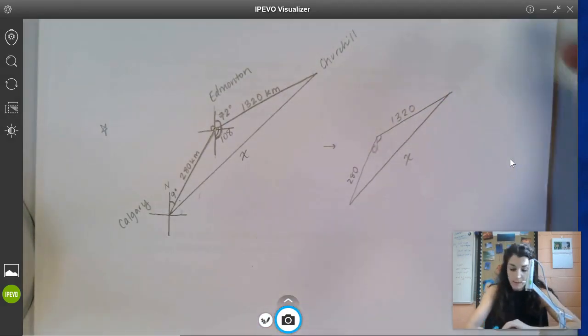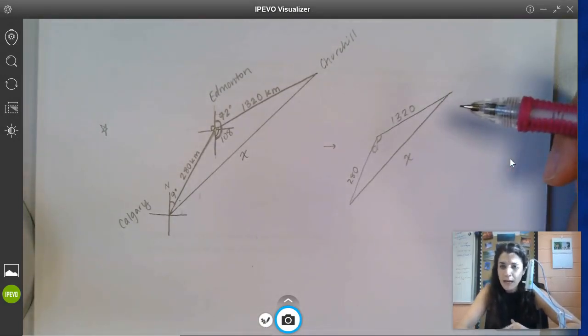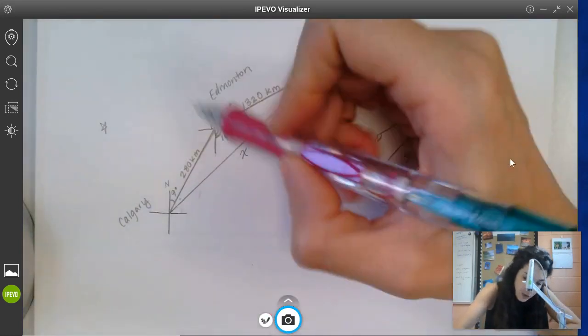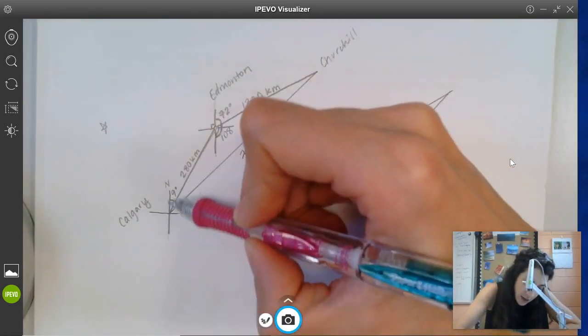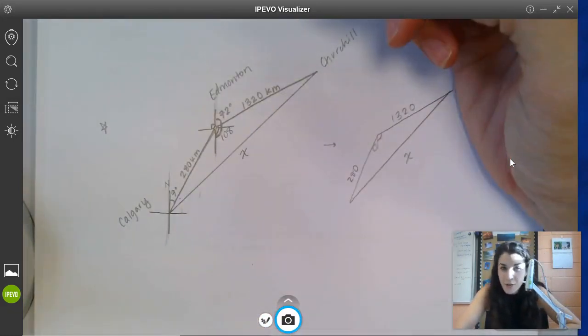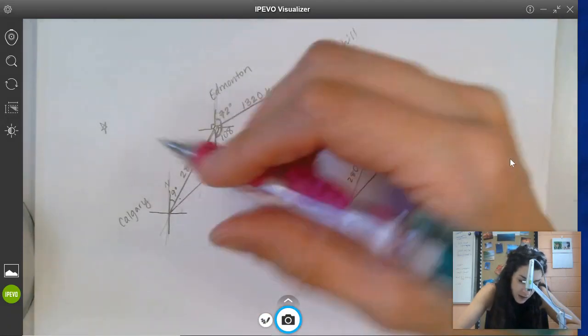And this is where remembering that north-south is always parallel is going to be key. Since this is 9 degrees, and since this is north-south, this other north-south is parallel. And this guy is our transversal.